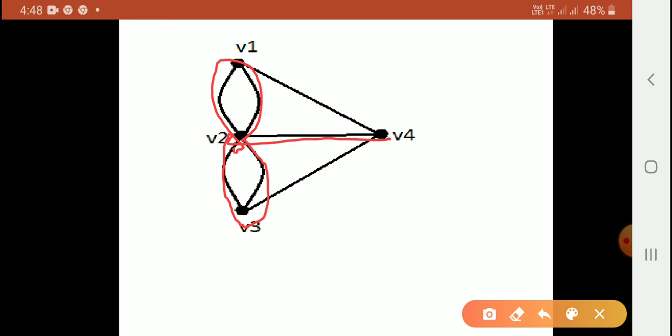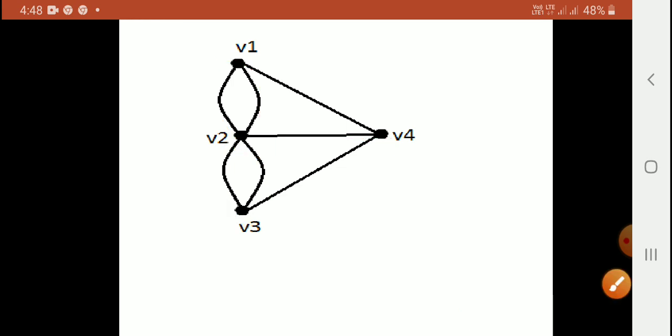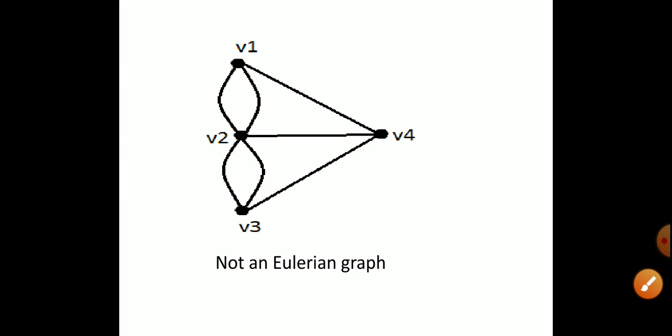This means this circuit does not contain all the edges of this graph. Therefore this graph is not an Eulerian graph. An Eulerian graph is a graph which has a circuit containing all its edges.